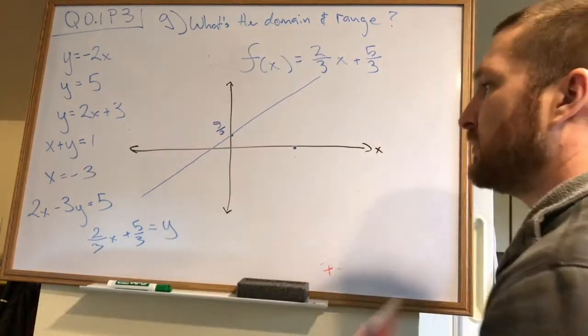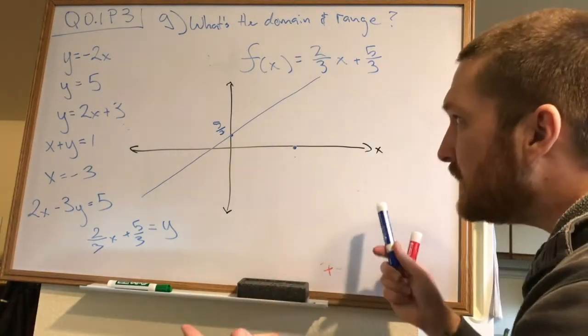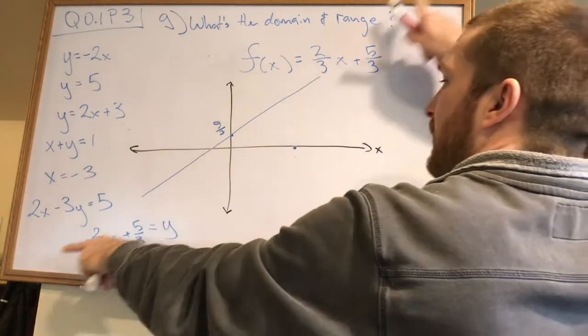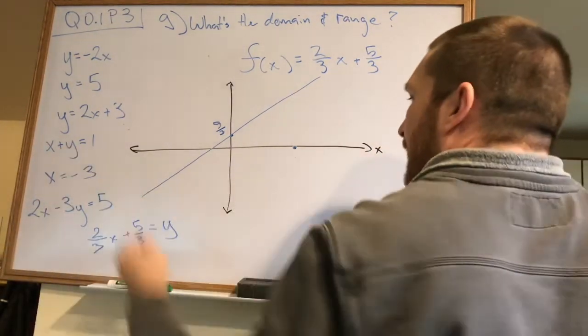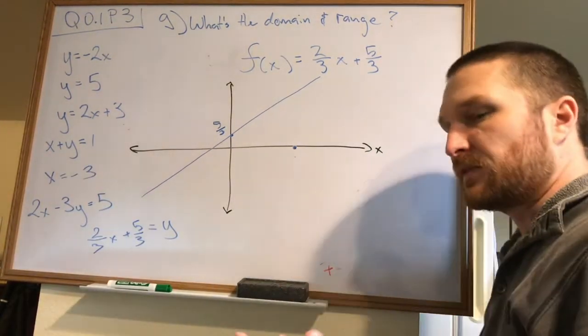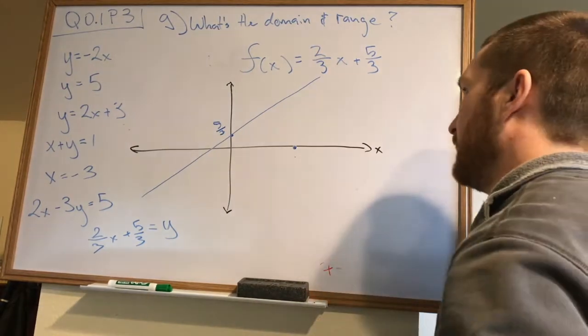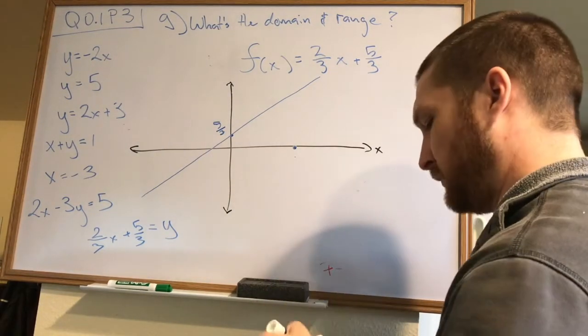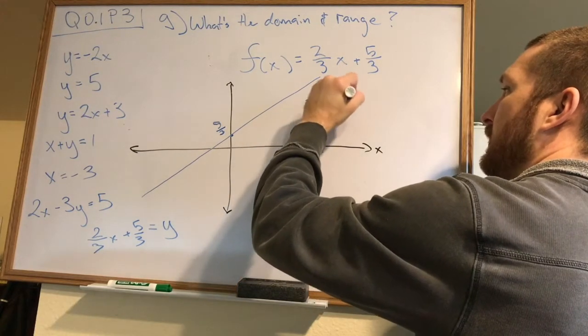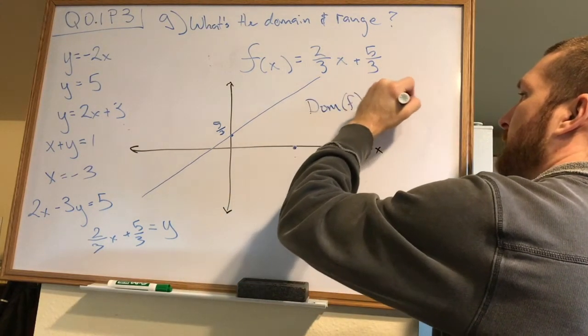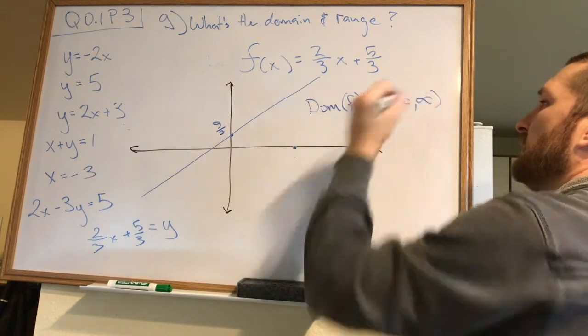It's a relationship between x and y. And I could see that since it's understood that this goes on forever, then there's no problems. Every single real number will have a corresponding output. And so, again, the domain of f is all real numbers from negative infinity up to infinity.